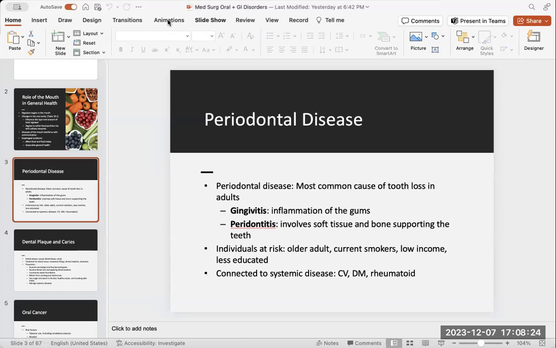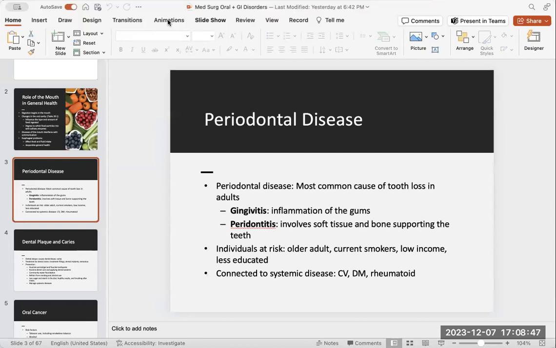Older adults, why? Because your muscles are not as strong as they were, which could affect your mouth's ability to do what it needs to do. In terms of periodontal disease or gingivitis, you just have a reduced immune system, and your tissues and bones start to break down.